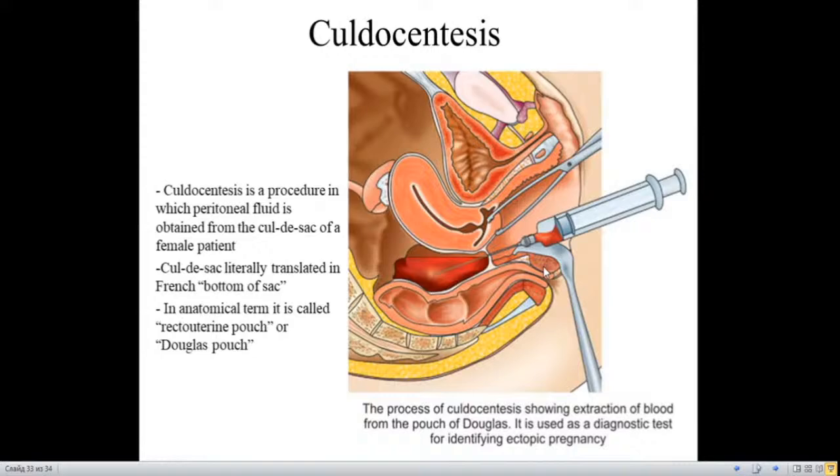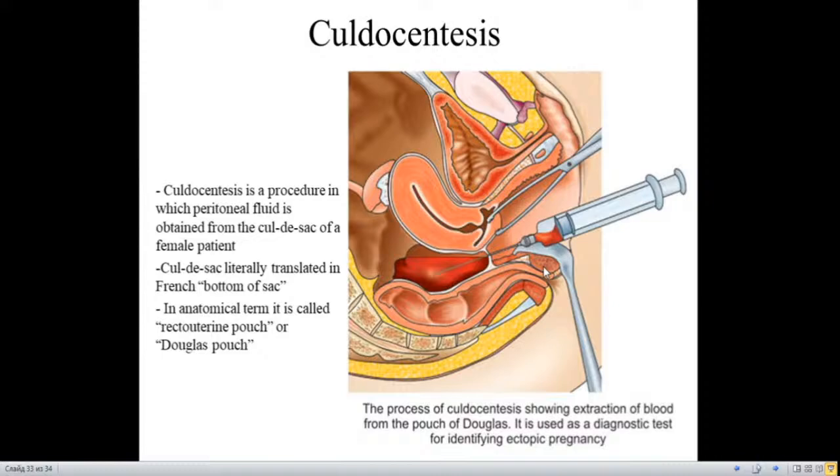And one more manipulation, very common related to today's topic, known as culdocentesis. Let me firstly explain what it means. Actually, centesis means a puncture.